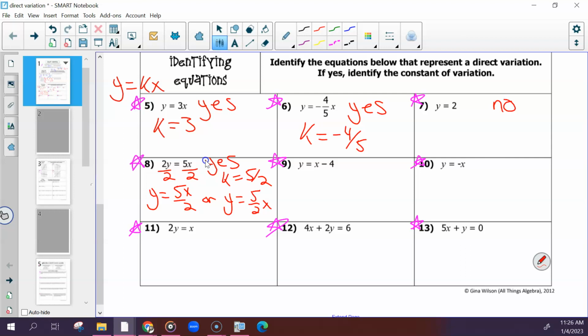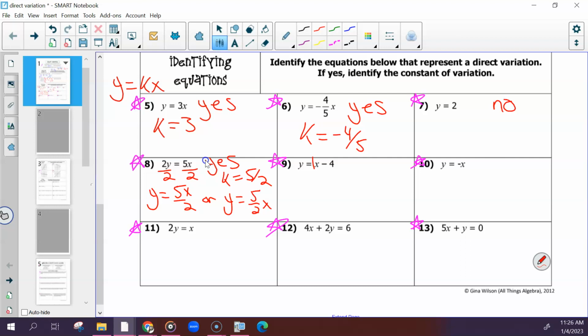What about 9? Would that one be? No. Why not? There is an x, it's just invisible. But that's not what makes it not a direct variation.